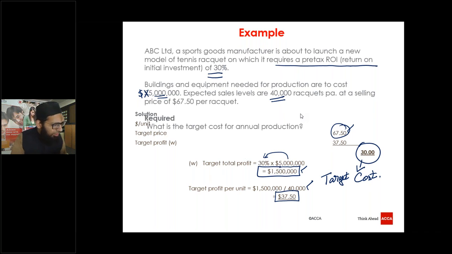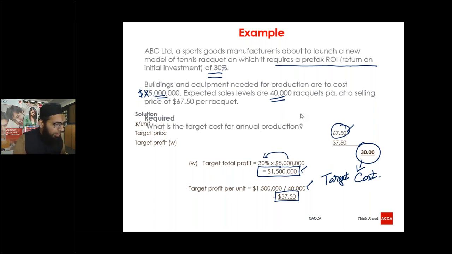Now, one of the questions is that if in the question labor hours and machine hours are given, then which one to take for the overhead absorption rate? For this, I advise you to use the guidance that you have covered in F2. So you have been told in the exam which basis you should use to calculate the OAR.